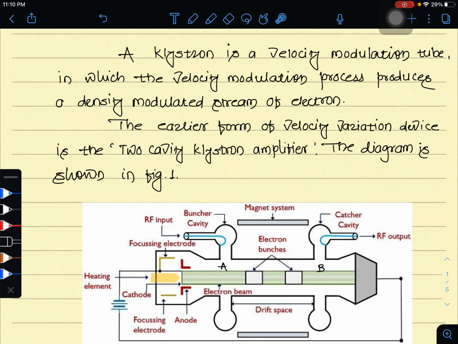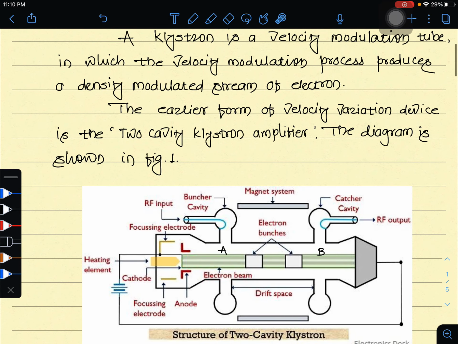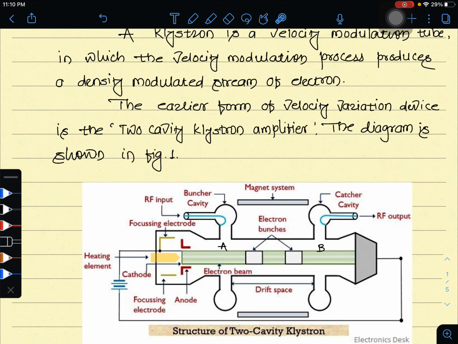It is one kind of device used for the purpose of velocity modulation, and when the velocity modulation process is happening, it produces a density modulated stream of electrons.